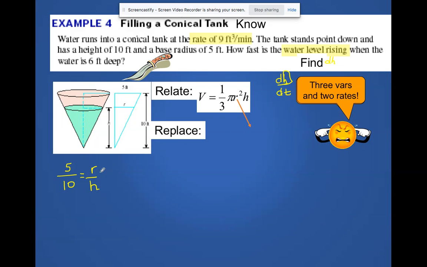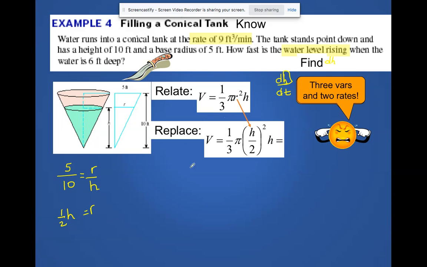So solve this equation for r, and replace. Volume is 1/3 pi r squared times h. So that is actually equal to pi over 3, 2 is squared, which gives me 4, so pi over 12 h cubed.